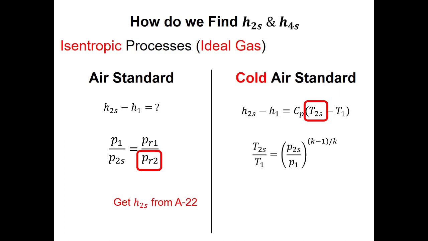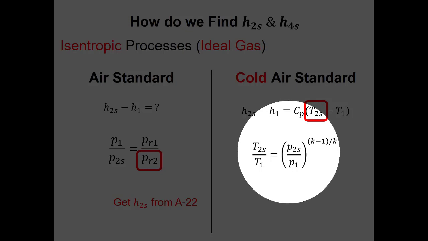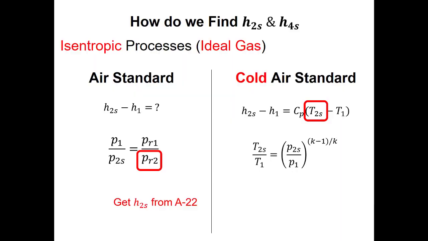What we do is we look under our isentropic relationships for ideal gas for an equation that has Cp, Cv, or K, which is Cp divided by Cv. In this case, the equations we're looking for have K in the exponent, and again, we'll typically know pressure ratios instead of volume ratios, so we'll use an expression that looks like this to find the temperature at the outlet of an isentropic process.